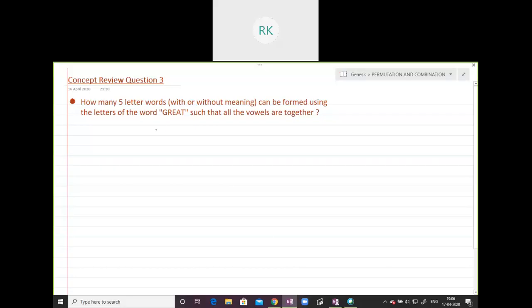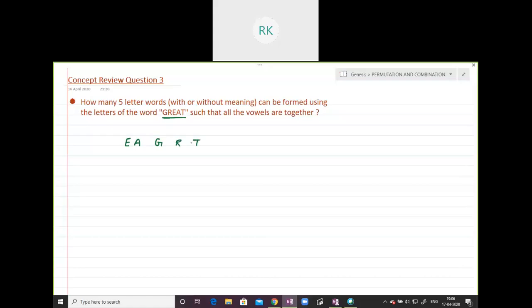The word is given here, GREAT. Vowels must be together, so I will keep all the vowels together. Let's say two vowels, E, A, I'll keep together. What about remaining? G, R, T. Yes, Nikhil, I hope you got the right answer. We'll check it out.